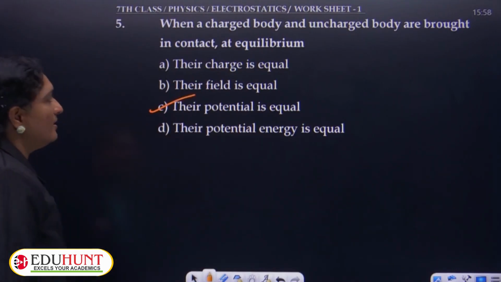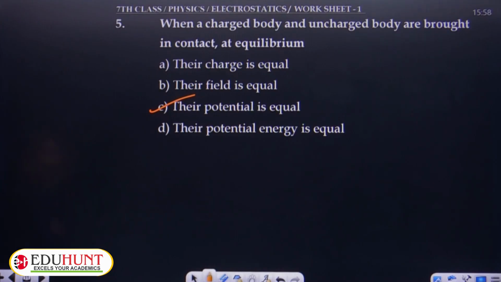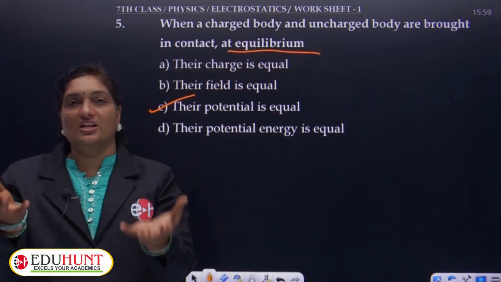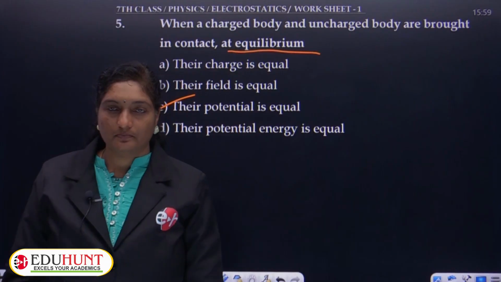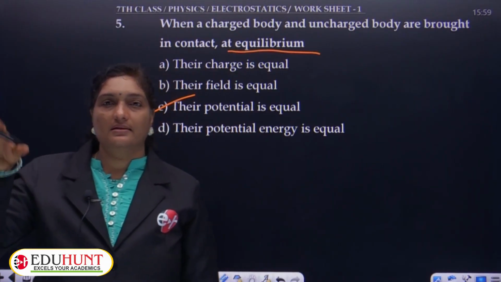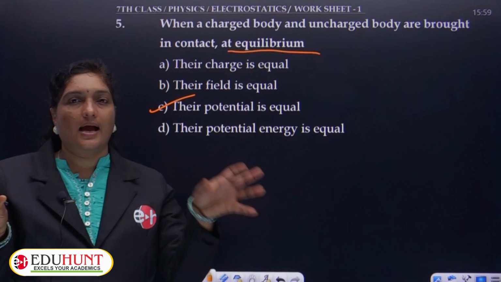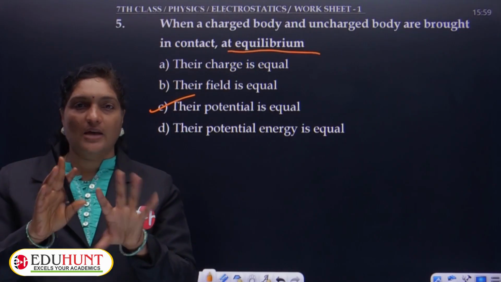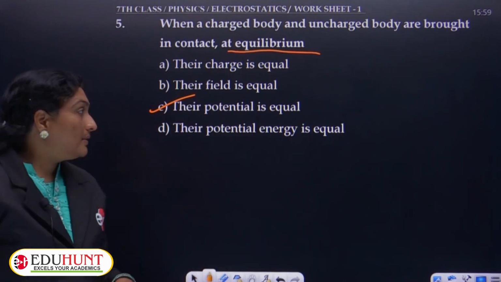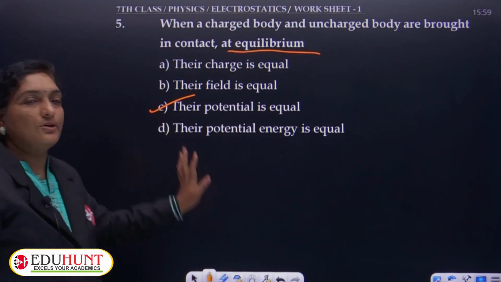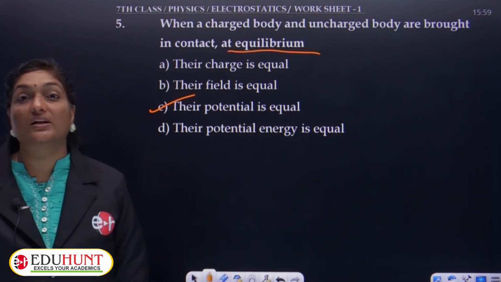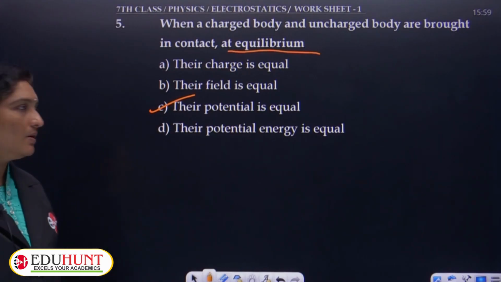Equilibrium means a balanced condition, equal number of charges. Suppose one consists of 5 coulombs of negative charge and the other consists of 5 coulombs of positive charge. That means an equal number of charges. Equal means they are maintained at equal potential. Their potential remains equal.